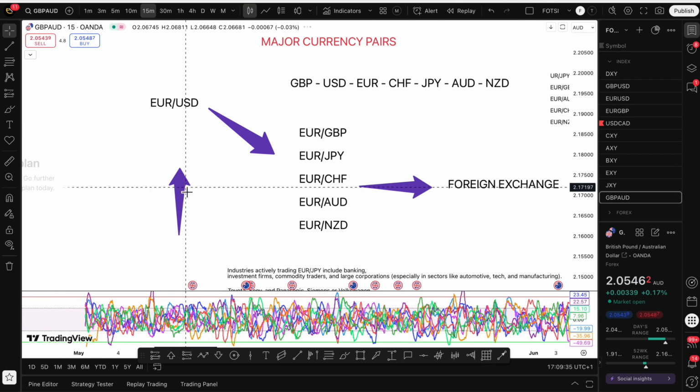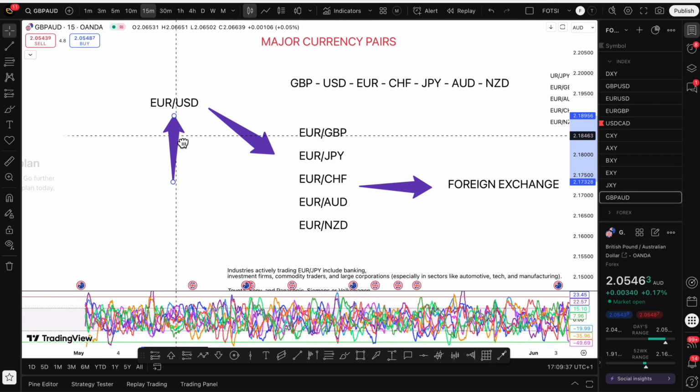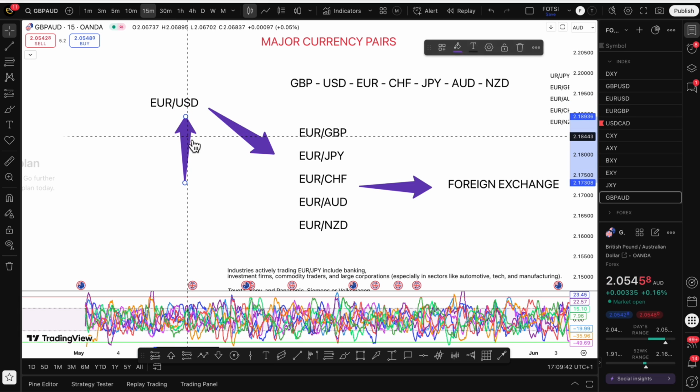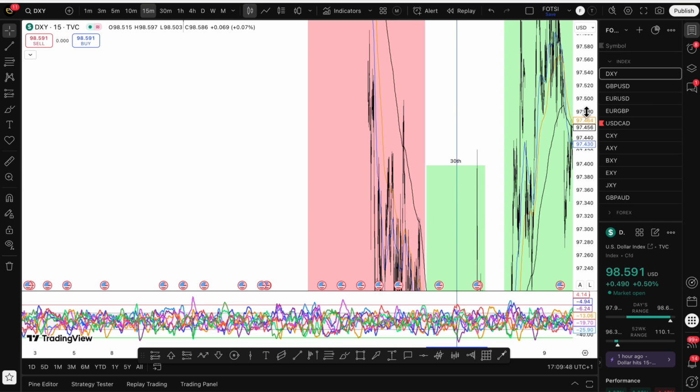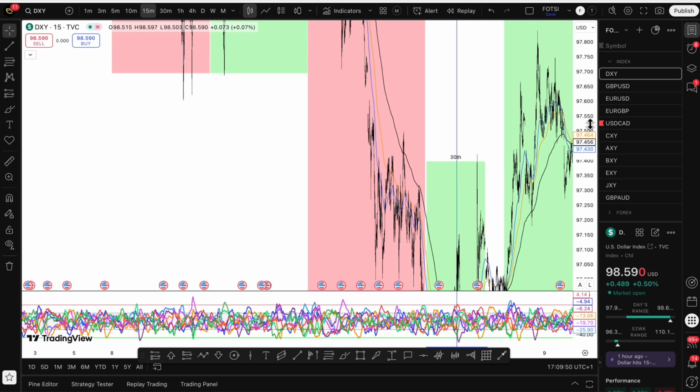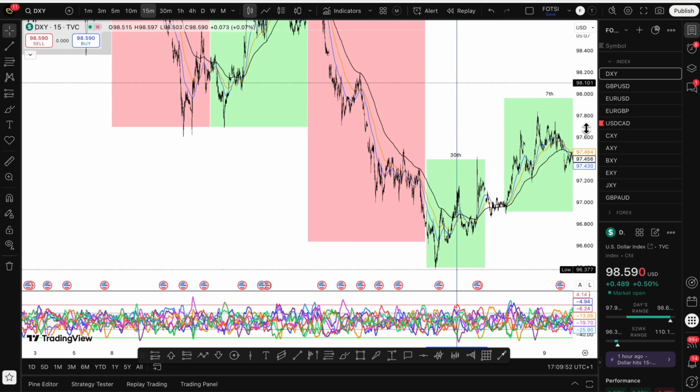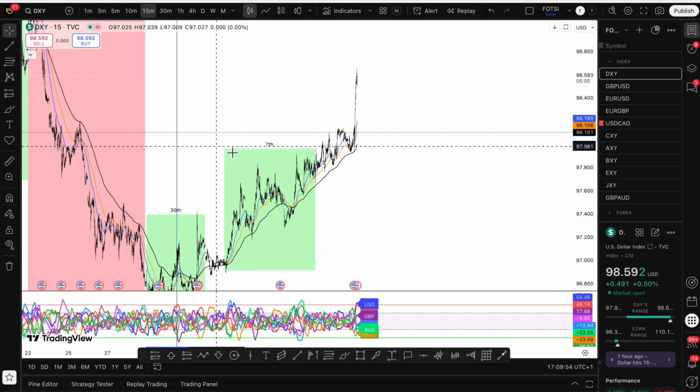So here we have Euro USD. Now you may be aware of the dollar index for the USD, which is DXY. This is the true strength of the dollar paired against nothing. It doesn't have a partner, it's just an index.